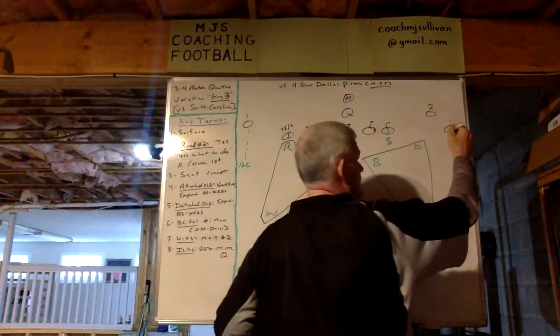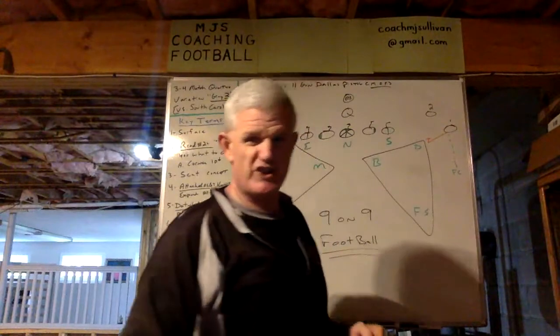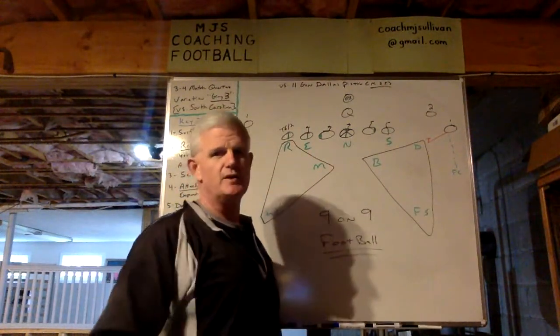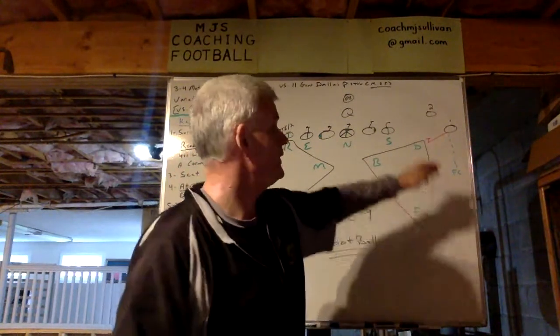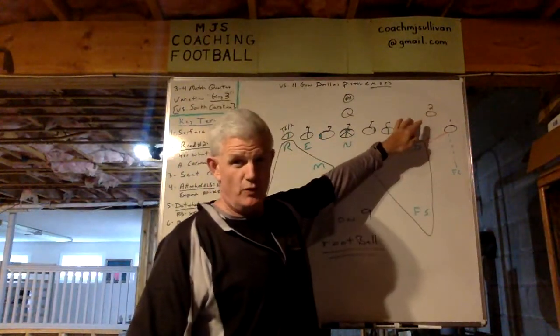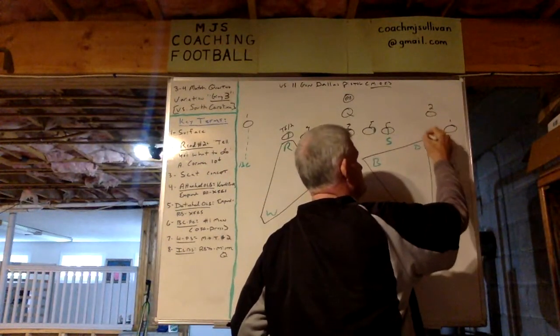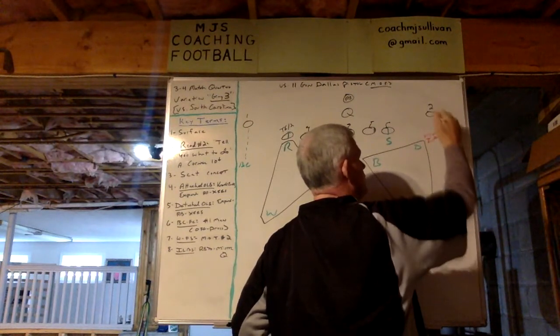But what number 1 does, he runs what we call a little sit route, and he gets to a depth that can vary, but usually about 3 yards over the original alignment of number 2. So he runs a sit over 2.